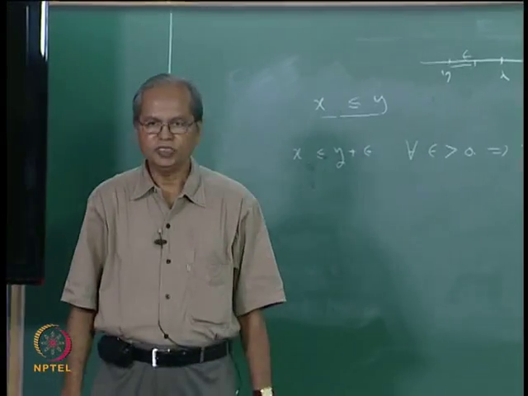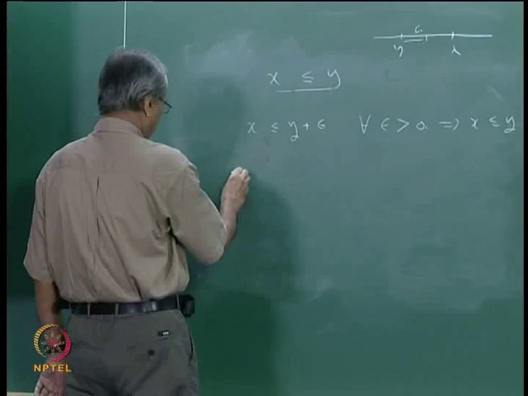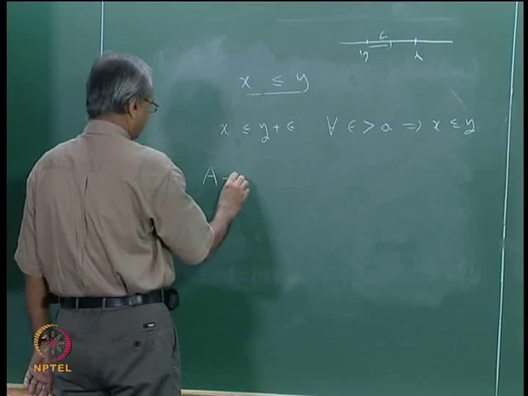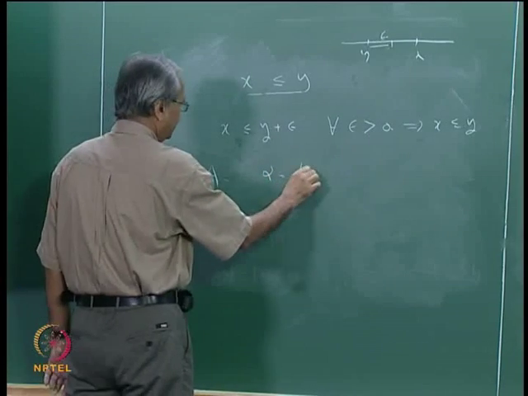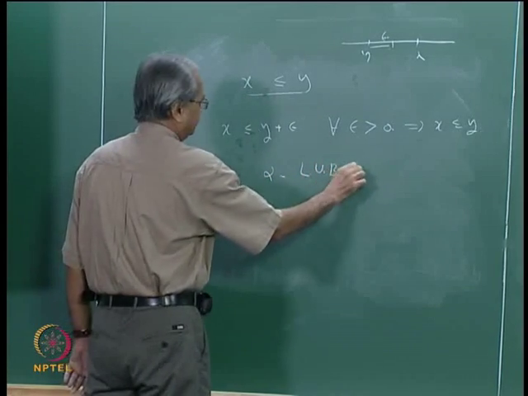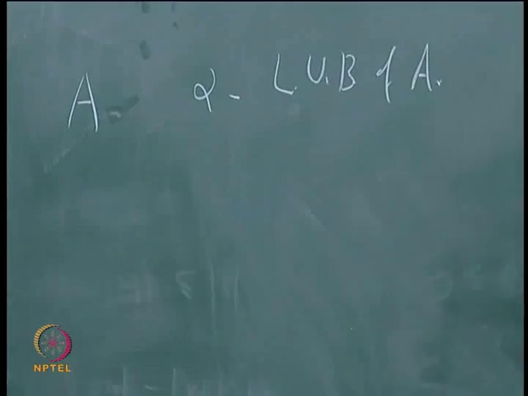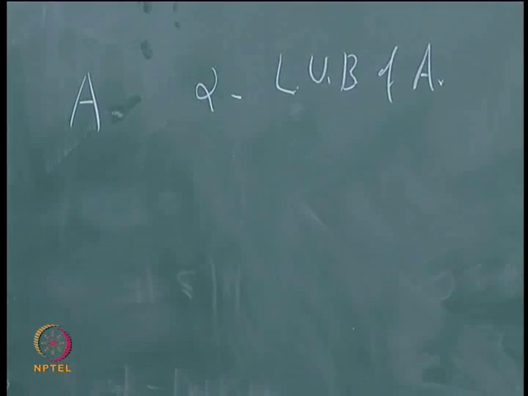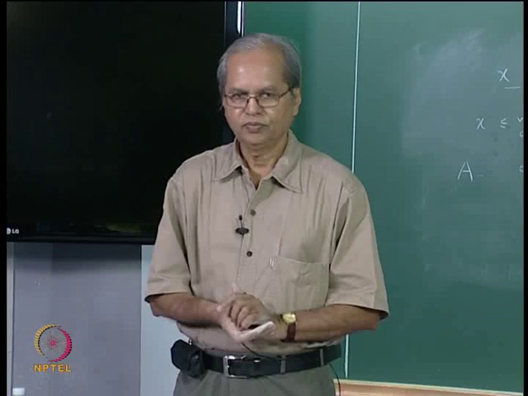One more thing. Suppose A is a non-empty subset, and let us say the number alpha is the least upper bound of A. Least upper bound means what? Anything less than that is not an upper bound, right?